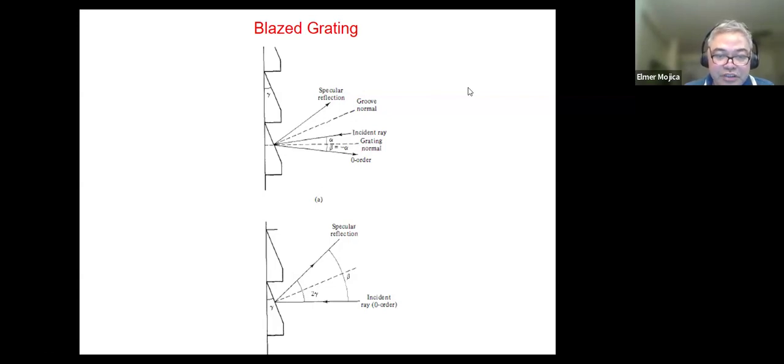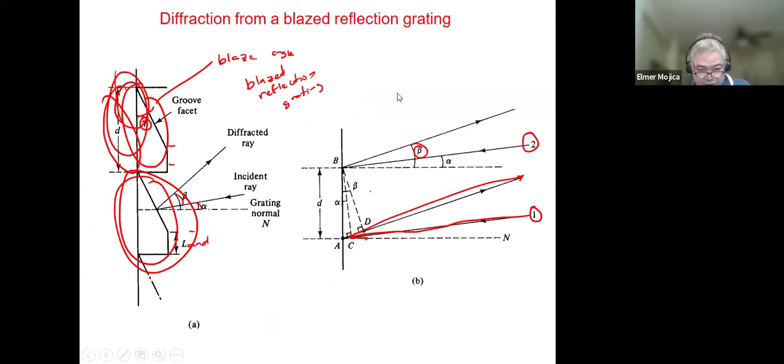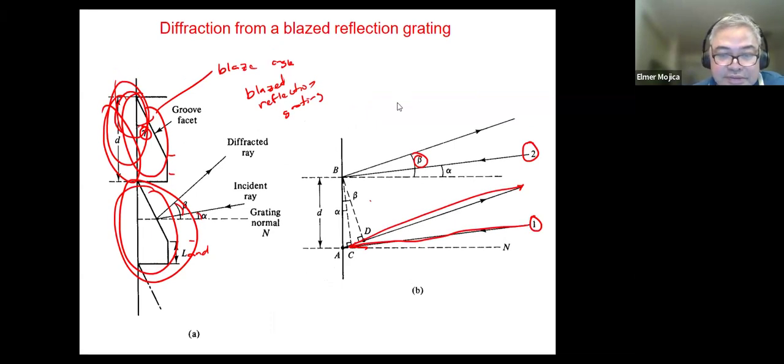So if you're going to look at the blaze grating as shown in the previous slides that we have, so this is, we could say, the blaze grating. Where's the blaze angle there?